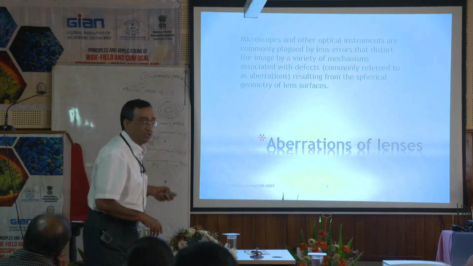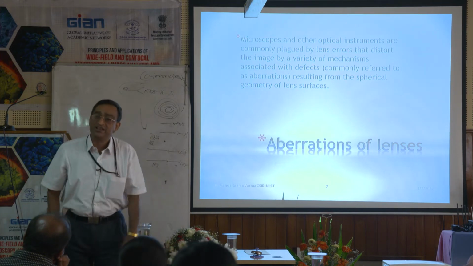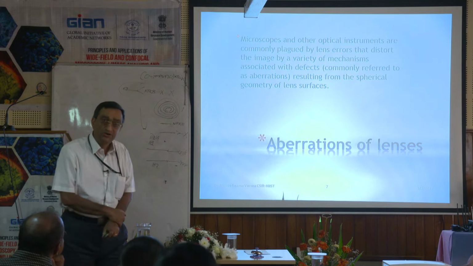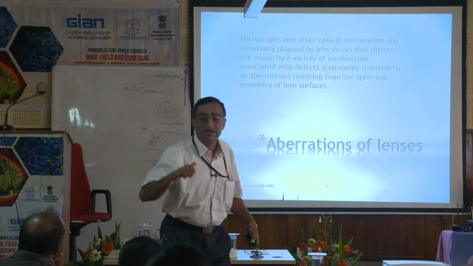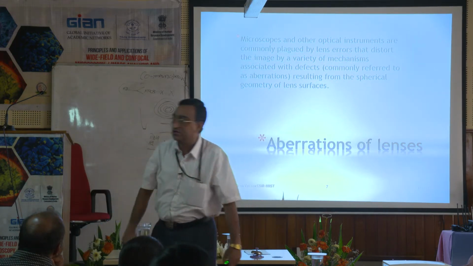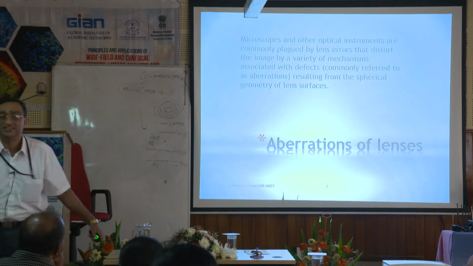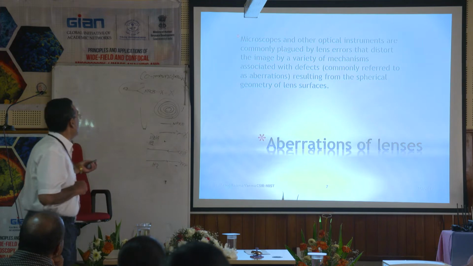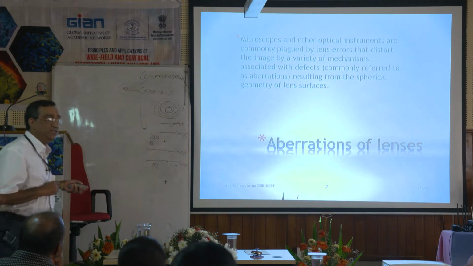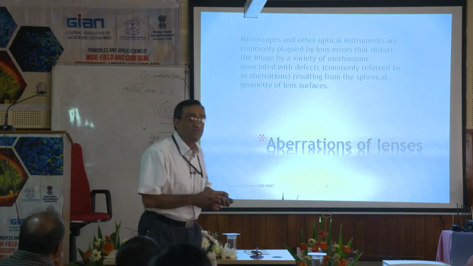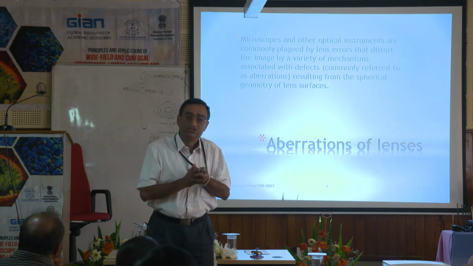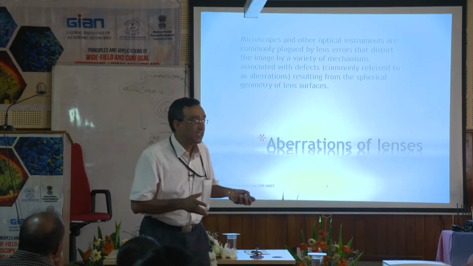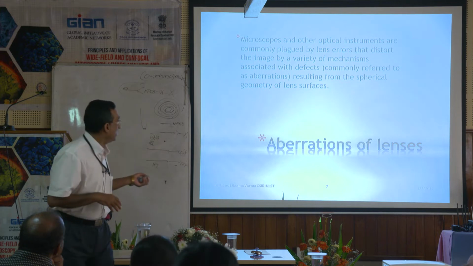The reason you cannot increase the resolution using the optical microscope is mainly the several aberrations that the lenses have. We have several types of aberrations or defects, and these defects cause a lot of problems to the images. These are called aberrations.